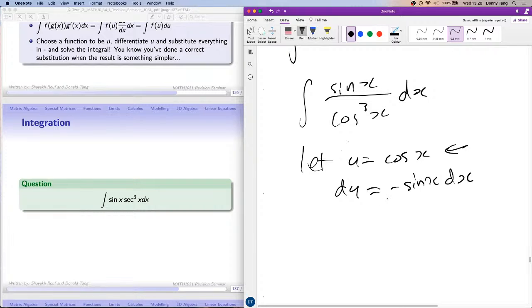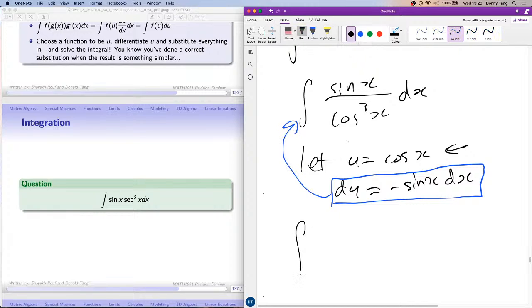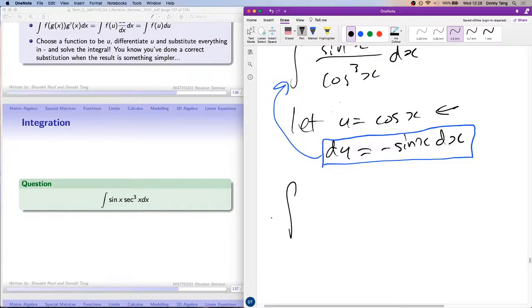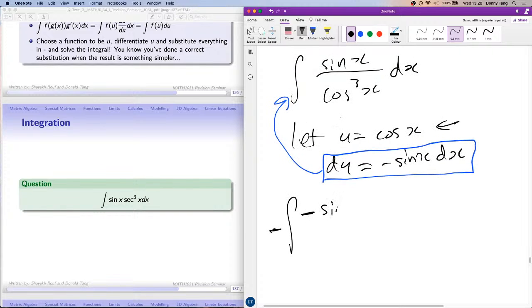And then your second step is to substitute this in. All right, substitute this into here. So what you'll notice is we already have sine x dx, but there's no negative here. So what you want to do is put a negative outside and inside so that they cancel out. Sine x dx all over cosine cubed x.